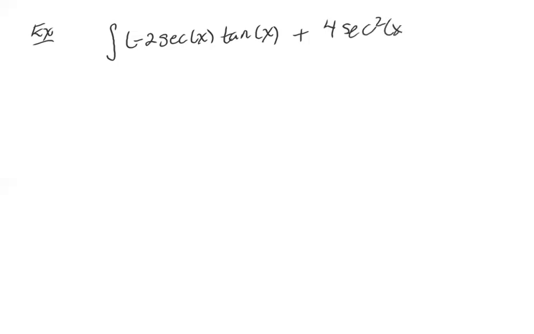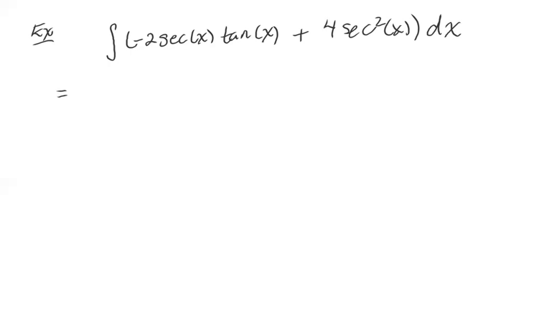Let's do this example. Let's find the indefinite integral of negative 2 times secant of x tangent of x plus 4 secant squared of x dx. Okay. So first thing I can do is I have two terms here, so I can split this up, and I can move any constants out front.